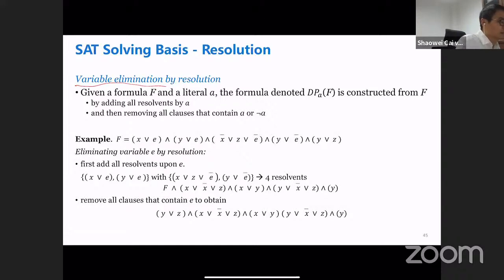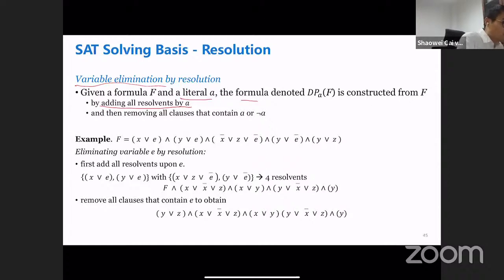This is done by considering just one variable each time. Given a formula f and a variable A, we can simplify the formula by adding all resolvents about this variable and then removing all clauses that contain A or no A.